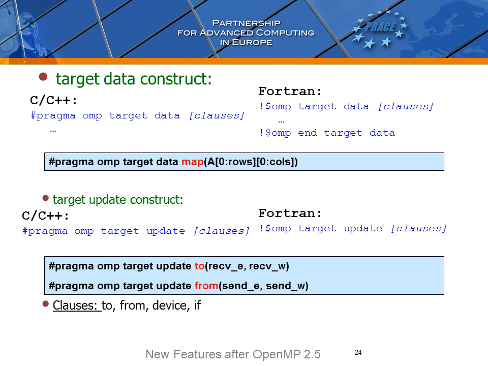For each list item in a to clause, the value of the original list item is assigned to the corresponding list item. For each list item in a from clause, the value of the corresponding list item is assigned to the original list item. The device is specified in the device clause. When the if clause evaluates to false, then no assignment occurs.